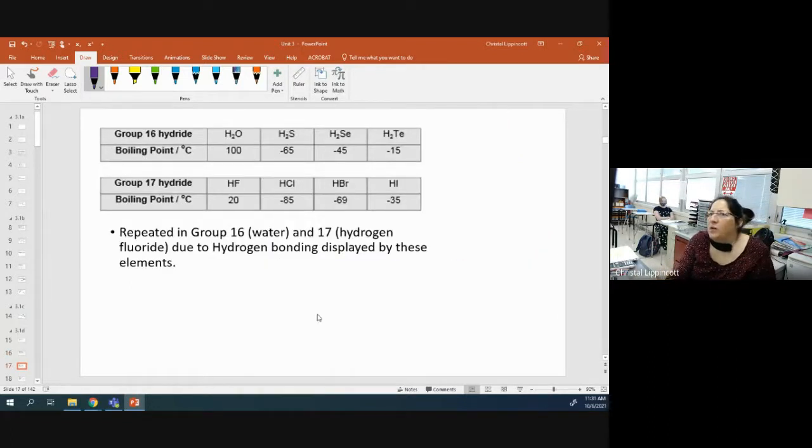So here, if we look at group 16, again, we're increasing, we're increasing, we're increasing. Here we've got this anomaly. This is water, okay? And I mean, that's a huge difference. But it's because of the hydrogen bonding.